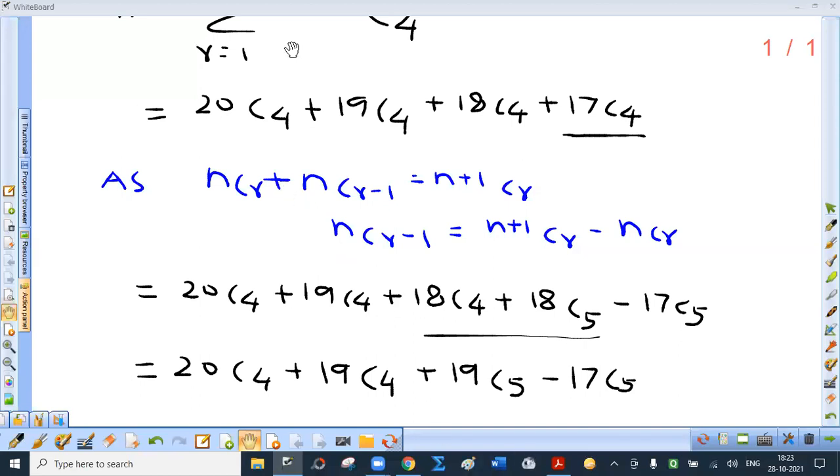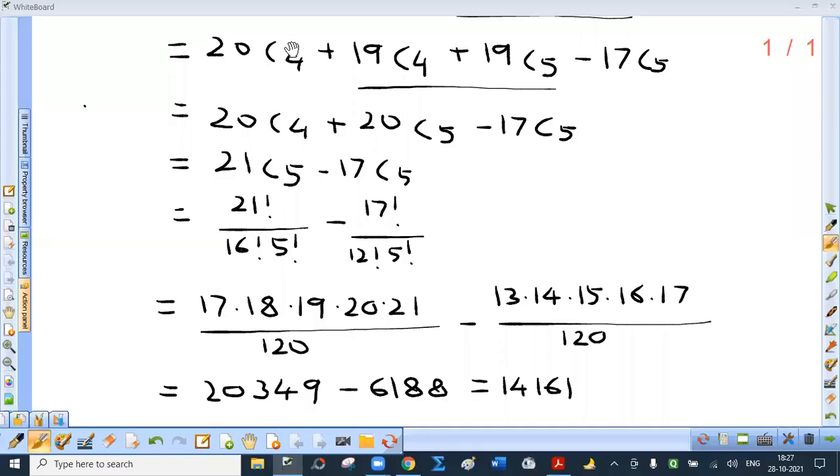Tell me what you get. So again, nCr plus nCr minus 1 is n plus 1 Cr. So 19 plus 1, 20C5. This as it is, this as it is. Again, nCr plus nCr minus 1, n plus 1 Cr. So 21C5 minus 17C5 as it is.